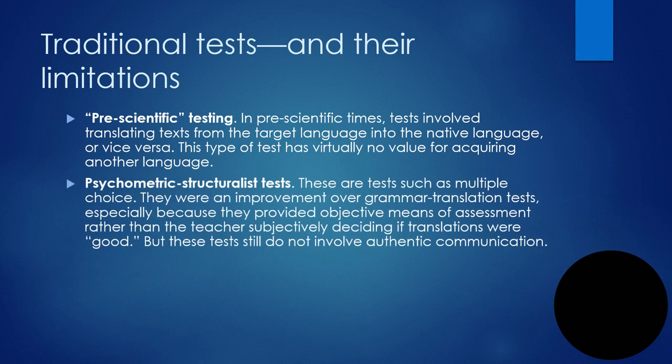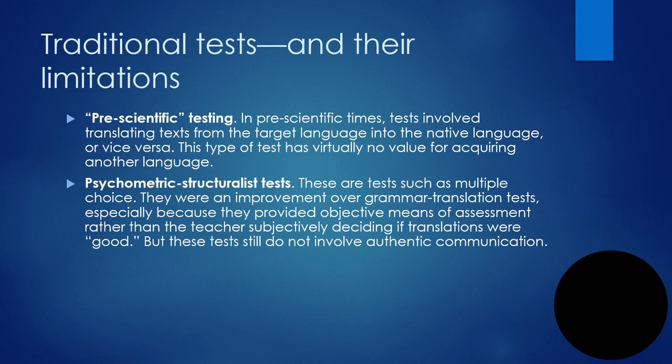And then came along what have been called psychometric structuralist tests. These are tests like multiple choice. One improvement here was that these tests were more objective, because with a translation test, the grade primarily rests upon whether or not the teacher thinks that translations are quote-unquote good or not.